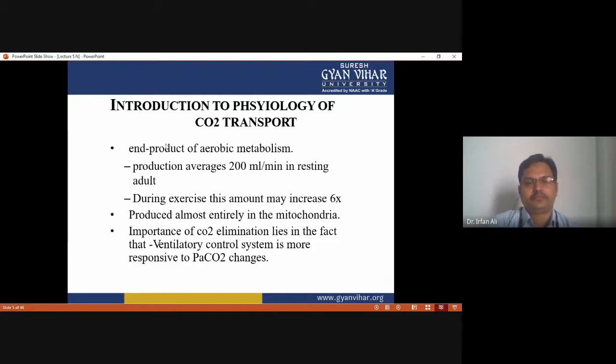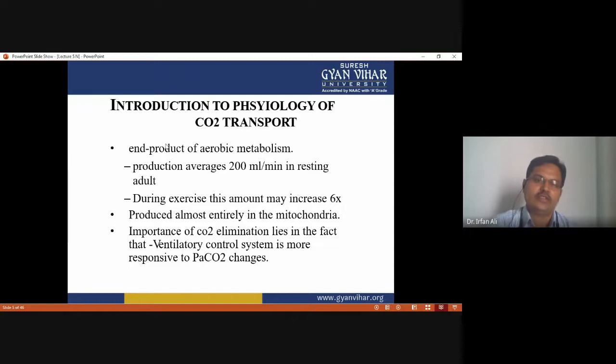And what is the end product of aerobic respiration? You know that when oxygen is consumed during aerobic respiration or aerobic metabolism, carbon dioxide is released. On average 200 ml per minute of carbon dioxide is released in the resting state, while during exercise this amount increases up to 6 times.